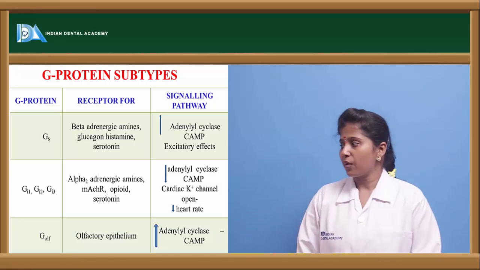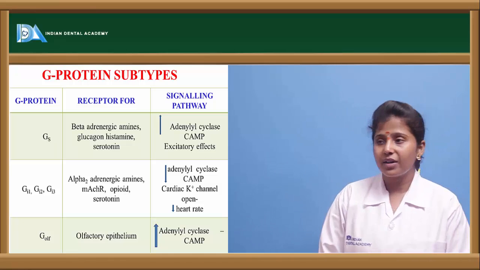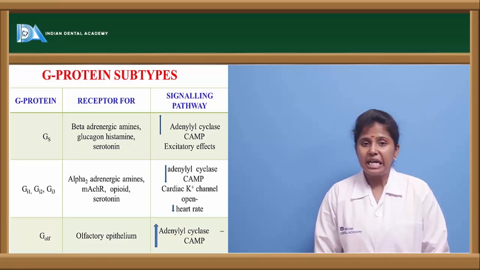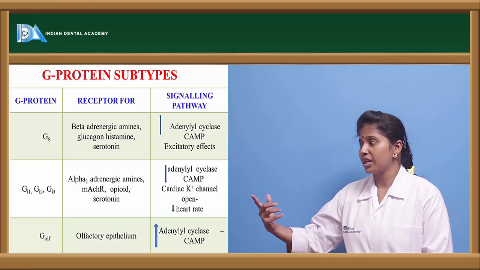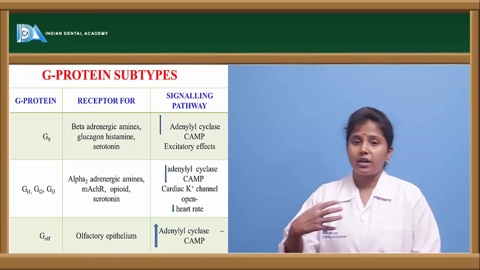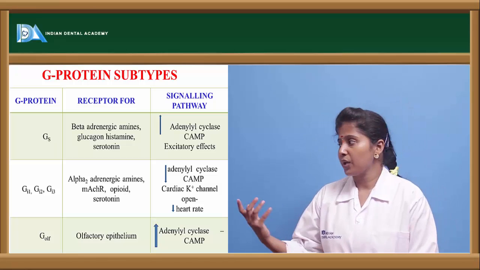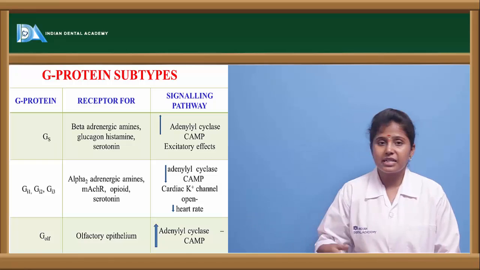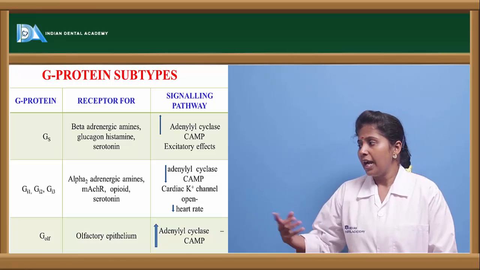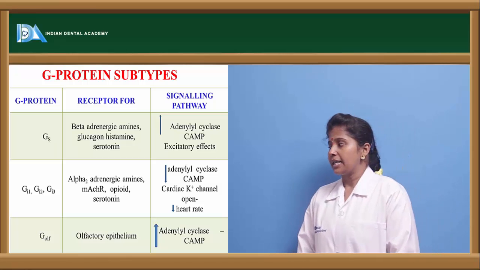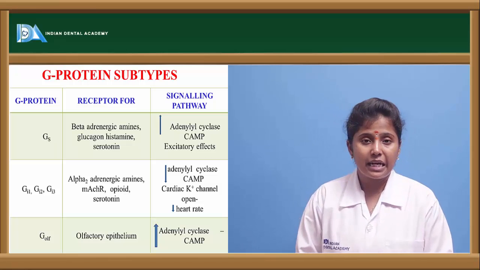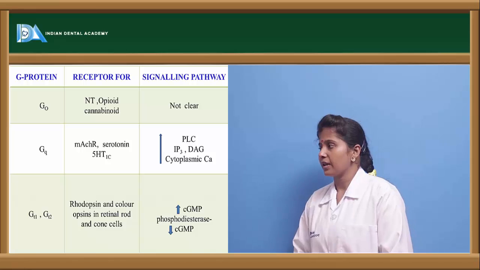And Gi type of receptors, examples include alpha 2 adrenergic receptors, muscarinic acetylcholine receptors, opioid and a few serotonin receptors, which exhibit the pathway of decreased cyclic AMP levels, thereby showing inhibitory effects. And Go type of receptors are present in the olfactory epithelium and they undergo the increased adenylyl cyclase, cyclic AMP pathway.